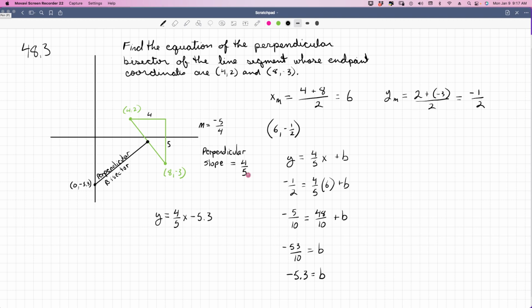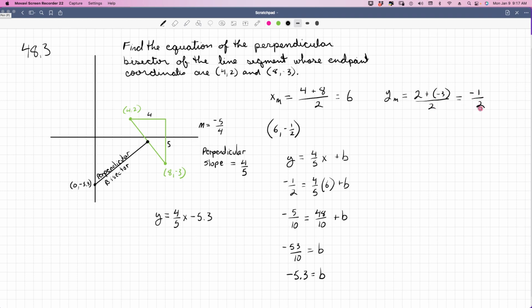So let's find our midpoint using the midpoint formula. We just take our two x values, 4 and 8, add them together, we get 12 divided by 2. So our x point is 6. And then our y value is going to be 2 plus negative 3. So it's 2 minus 3 divided by 2.